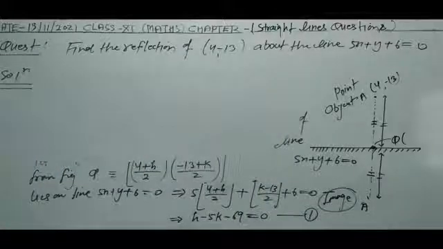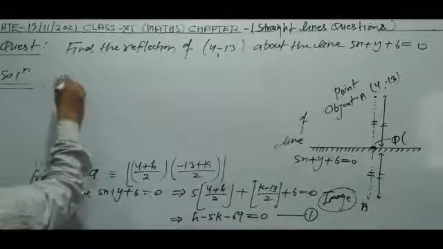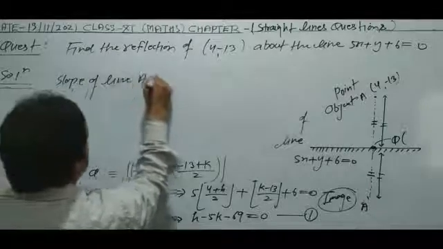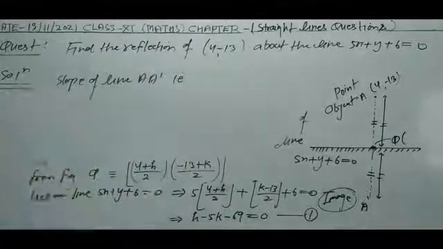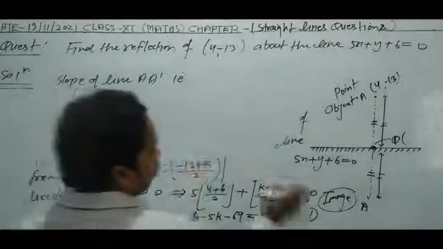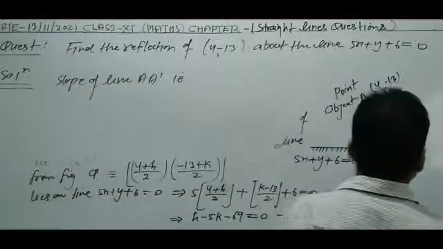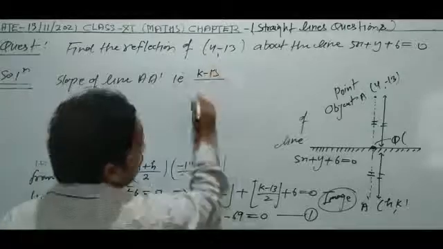What will be the slope of line AA dash? The slope is y2 minus y1 upon x2 minus x1, so it is (k minus 13) upon (h minus 4).